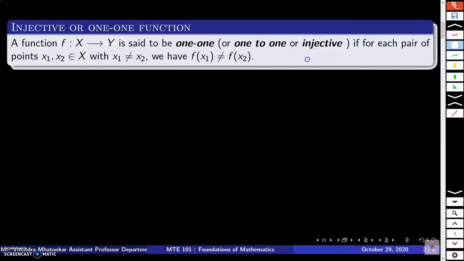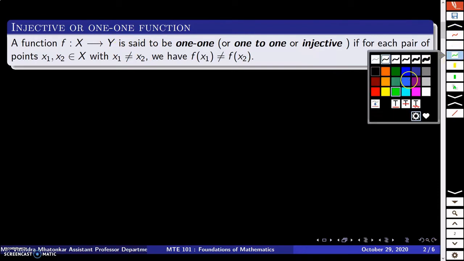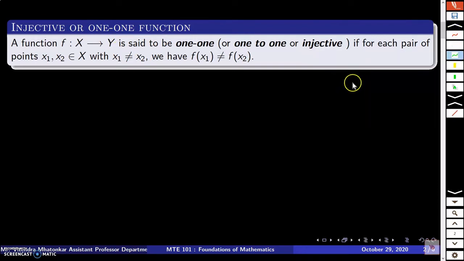If I have a function f from the set x to the set y, then this function f is said to be 1-1, or sometimes injective, if for each pair of points x1, x2 in the domain which are not equal, their corresponding images f of x1 and f of x2 are not equal.